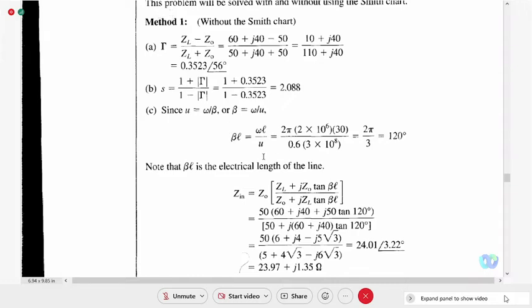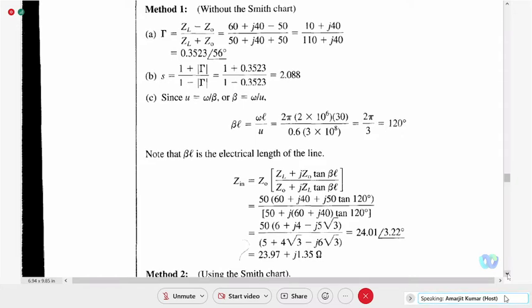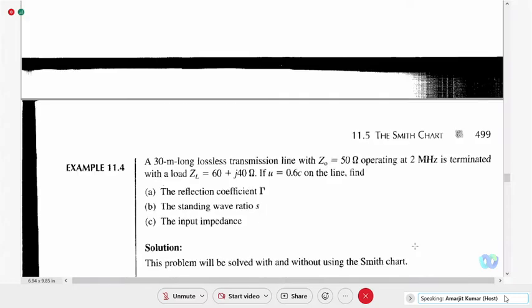So what is the input impedance? So here is the formula, tan beta L. So this is the input impedance, analytically, using the formula without the Smith chart. Okay, now use the Smith chart and solve for reflection coefficient, standing wave ratio, and input impedance.